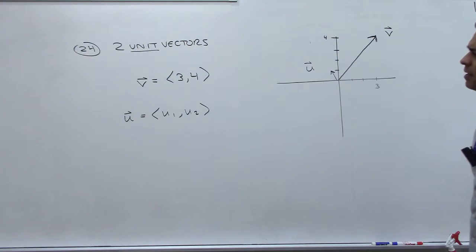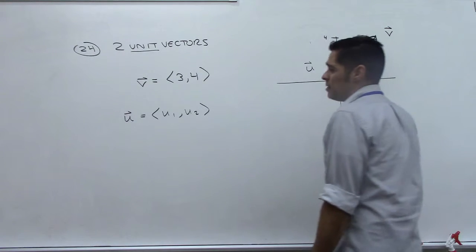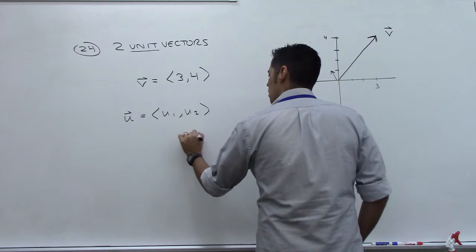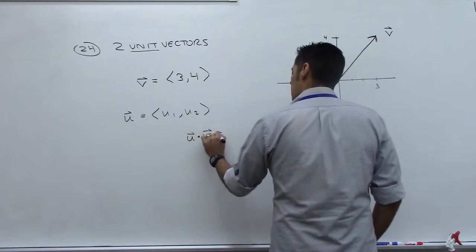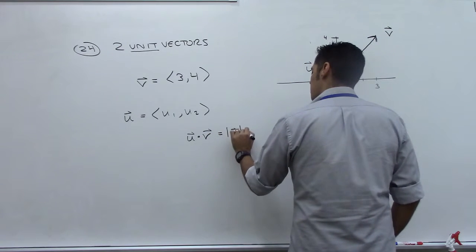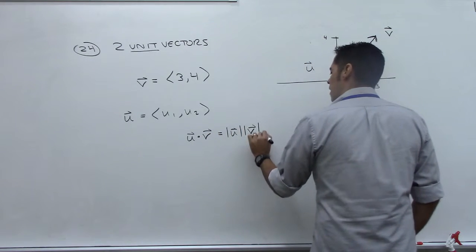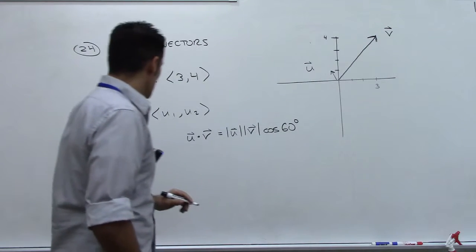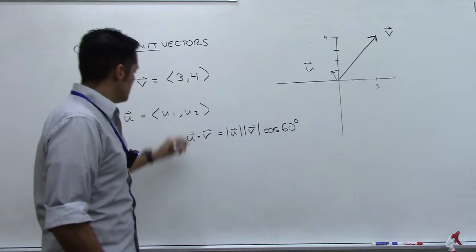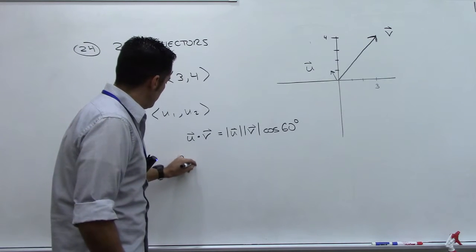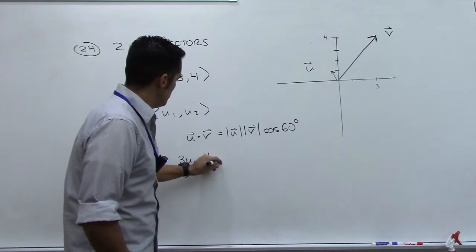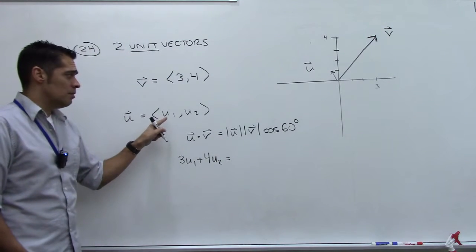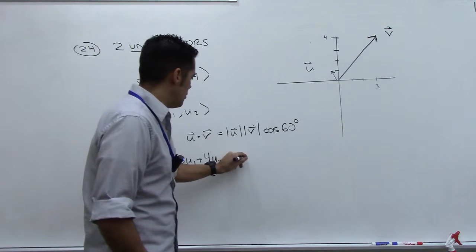And what are some things we know about this? Well, the angle has to be 60 degrees between these. So I know that u dotted with v must equal the magnitude of u times the magnitude of v times cosine of 60 degrees. If I dot these 2 vectors together, I get 3u1 plus 4u2. I want u to be a unit vector, so that length is going to have to be 1.